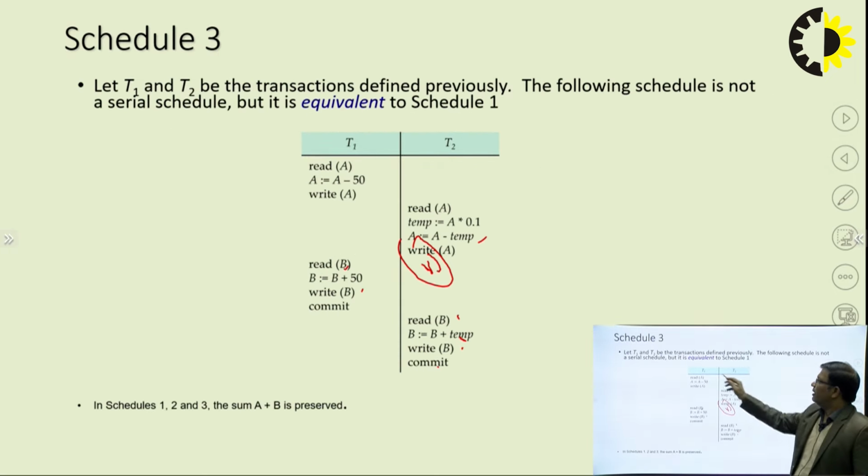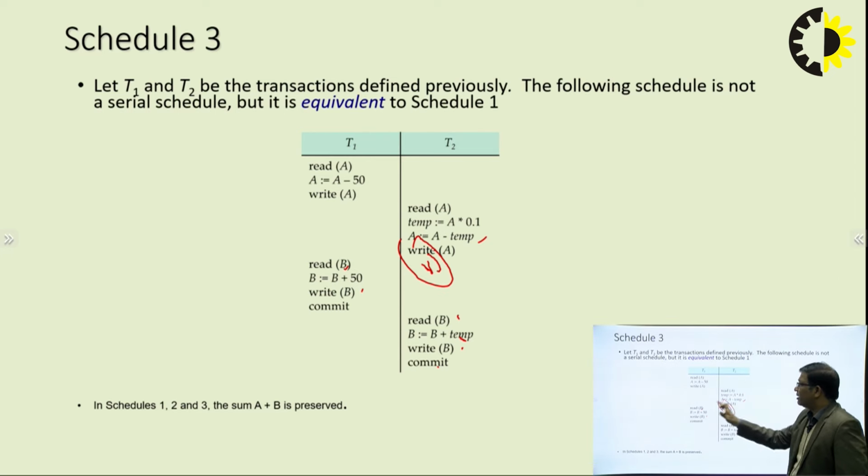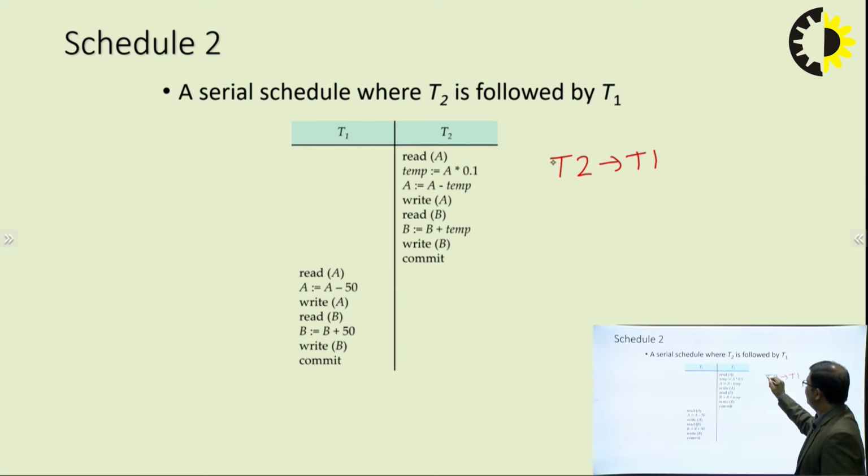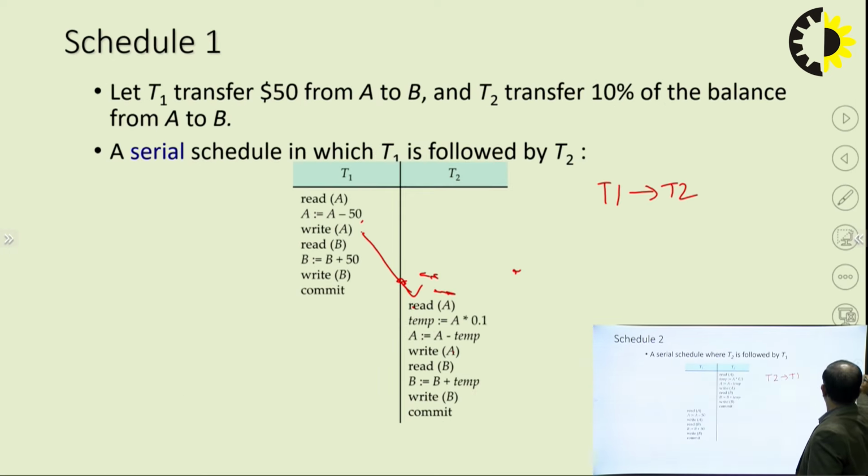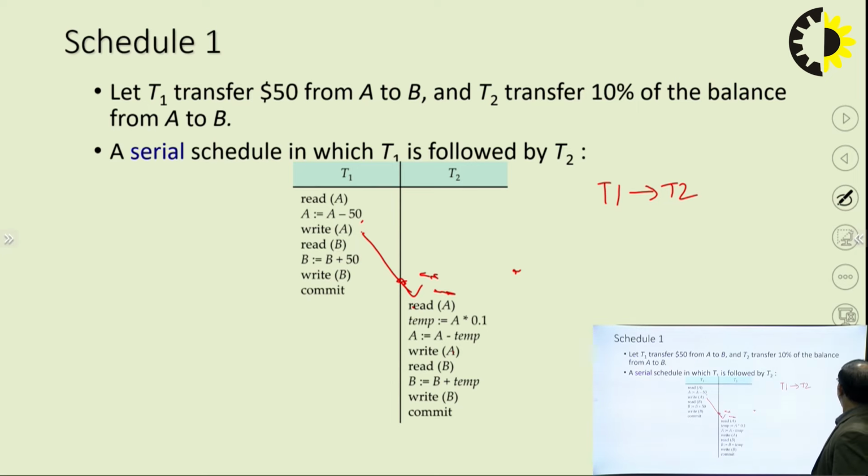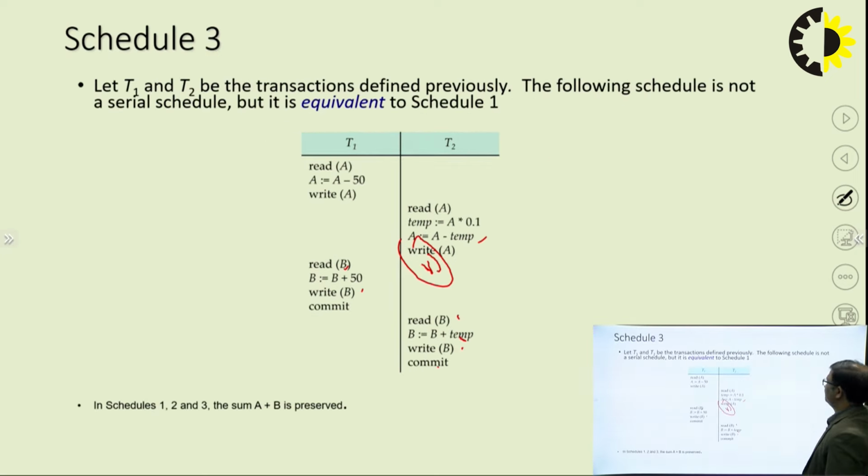In this case, T1 and T2 are concurrent transactions, and the schedule is treated as T1, then T2, and then again T1, and then again T2.